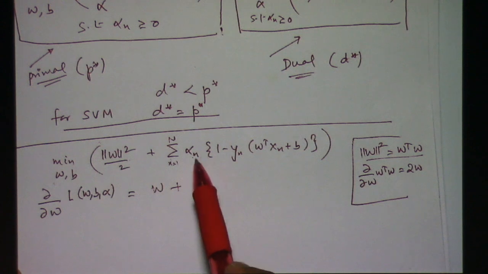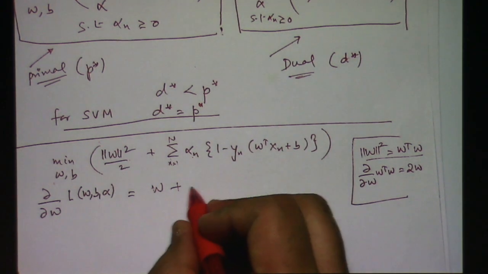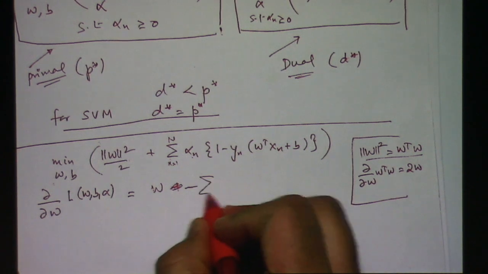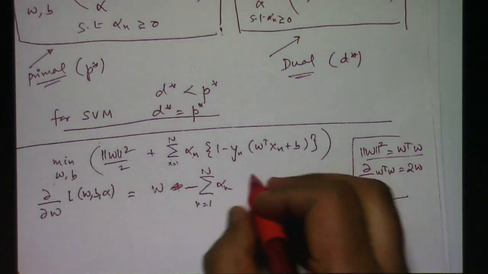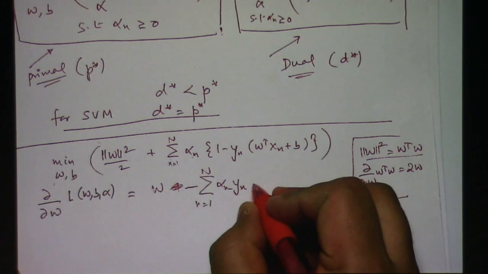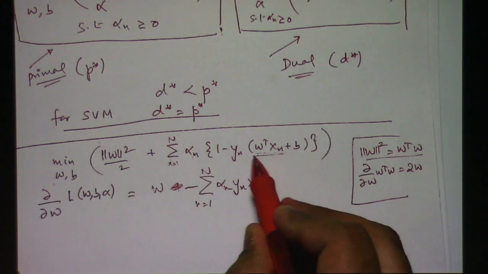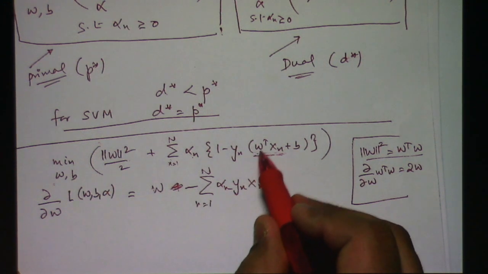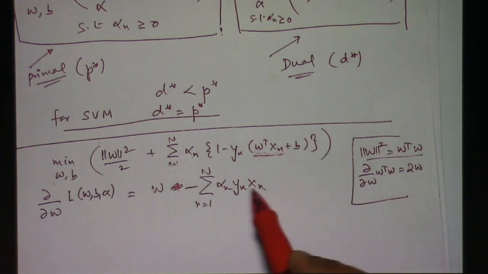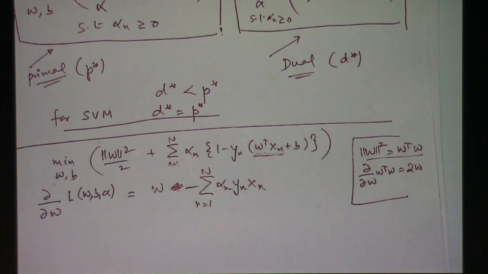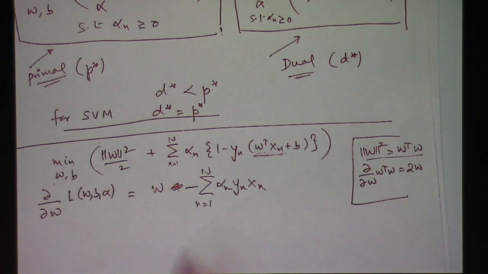Of course, alpha n is constant, the 1 will go away, so it is going to be minus alpha n yn xn, because when you compute the partial derivative of this it will just be the scalar. So d by dW of this is just 1, so it will be alpha n yn xn. And then b is a constant with respect to W, so that goes away.